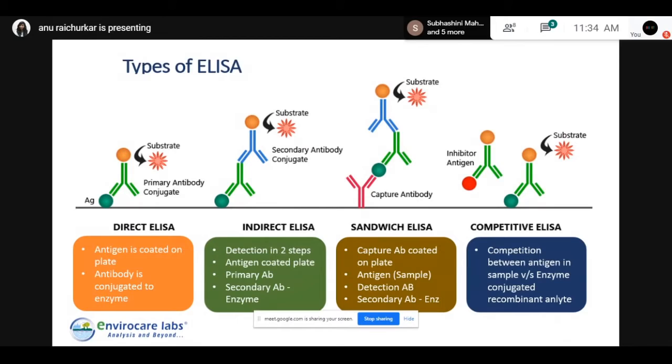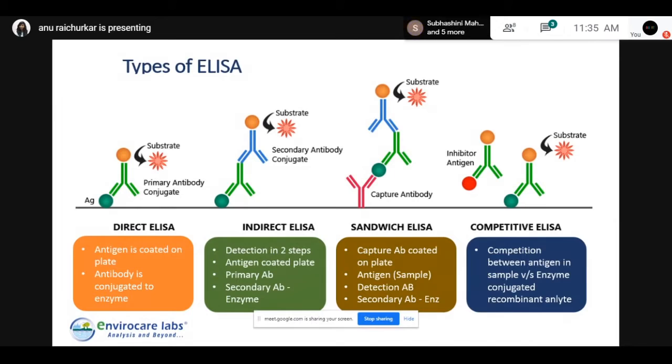This antibody is complexed to an enzyme, usually horseradish peroxidase or alkaline phosphatase. These are the two enzymes typically used. Then we add a substrate, and the enzyme will convert the substrate into a colored product, which will eventually give you a reading that you can quantify. This is a very basic technique of ELISA, and it is direct. That is, you use only one antigen and one antibody.